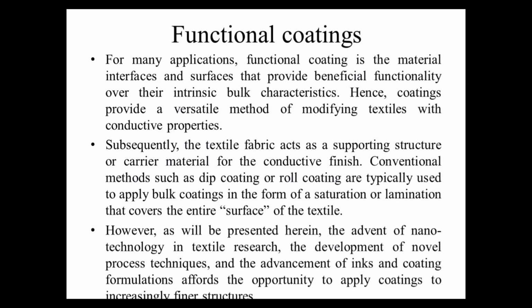Subsequently, the textile fabrics act as a supporting structure or carrier material for the conductive finish. Conventional methods such as dip coating or roll coating are typically used to apply bulk coating in the form of a saturation or lamination that covers the entire surface of the textile.